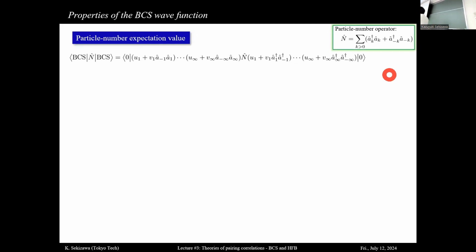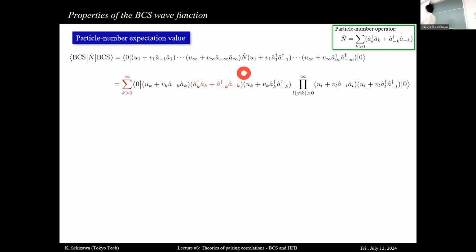And now, what we should do is put this n hat, the particle number operator, here, and the rest is the same as before. The terms without this operator can be summarized here, as I explained in the previous slide.